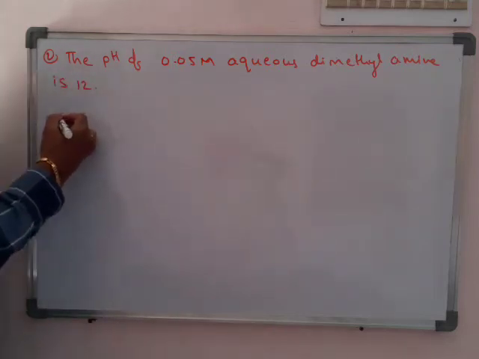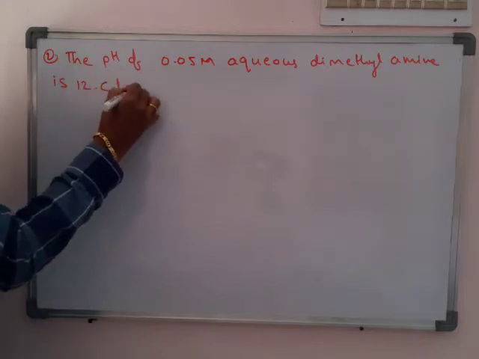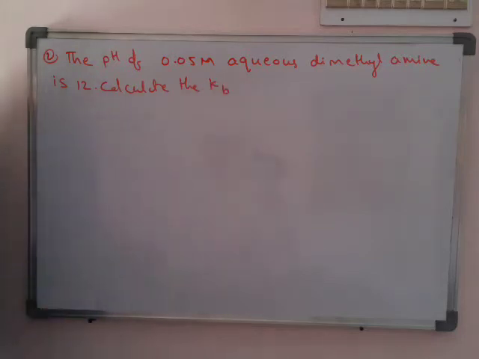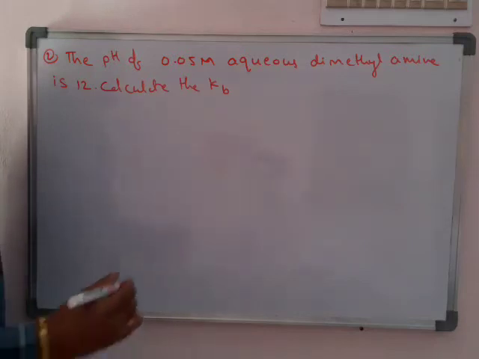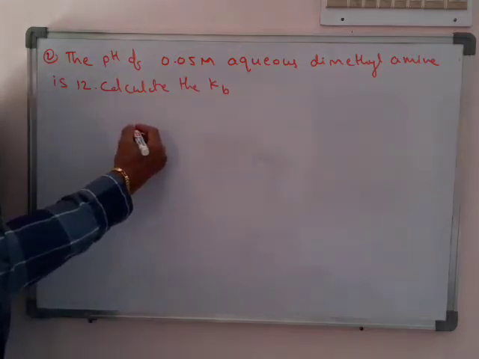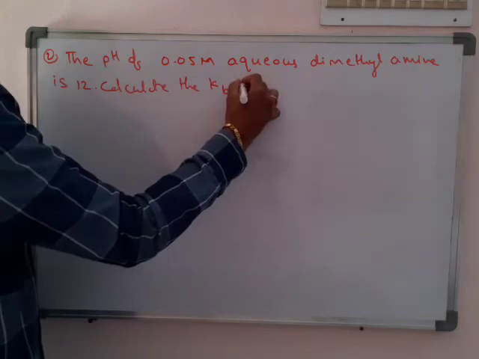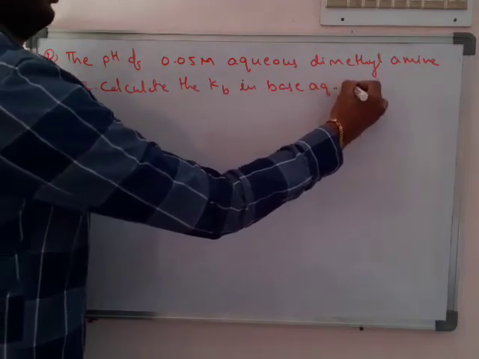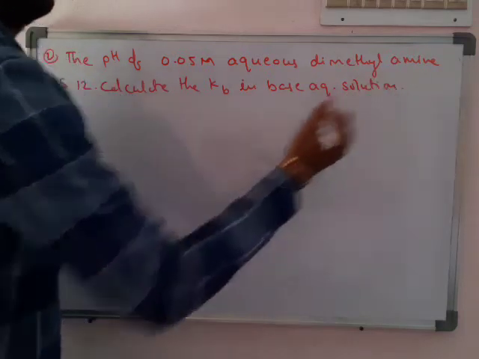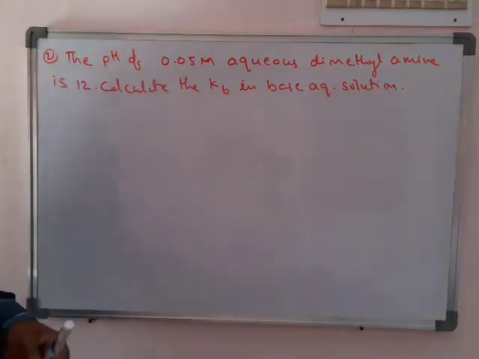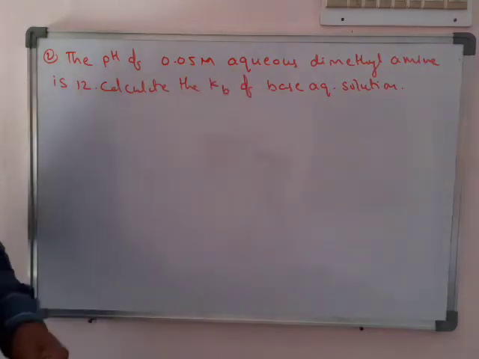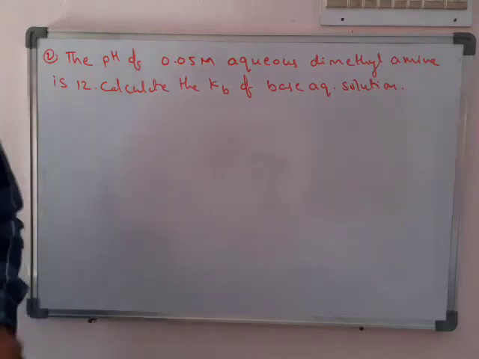So calculate the Kb. Means dissociation constant of the base, the Kb of the base in aqueous solution. Okay.